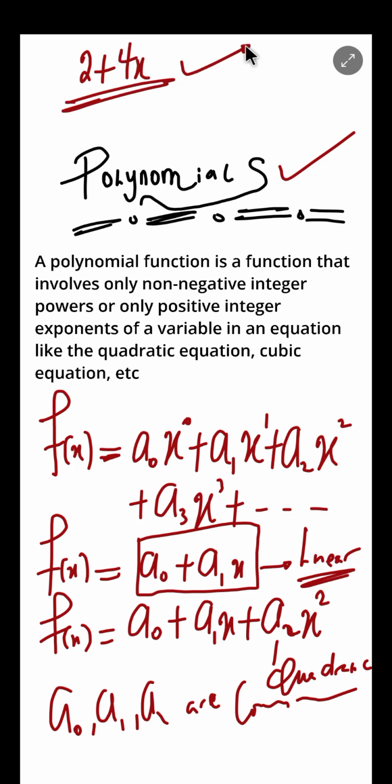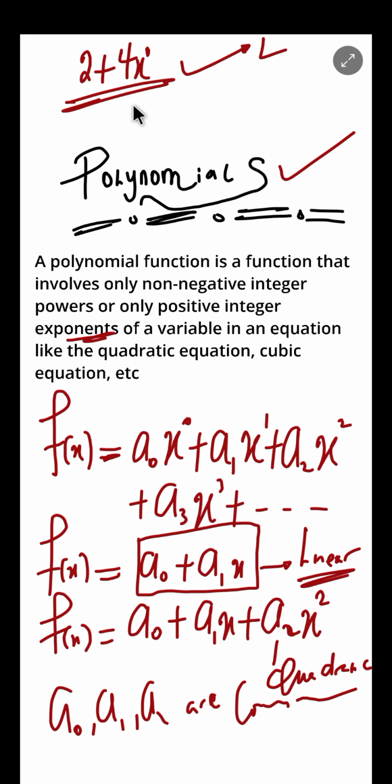Why is it linear? Because the exponent, that is the degree you have on this variable, the highest degree you have in this expression is just 1. Whenever the highest degree of an expression on a variable is 1, it is said to be linear.